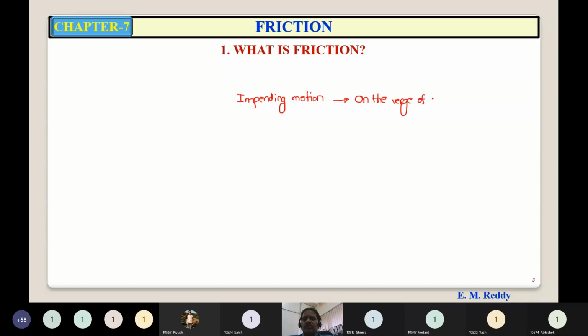That means when the body is in impending motion, you can say that the body is in limiting equilibrium.